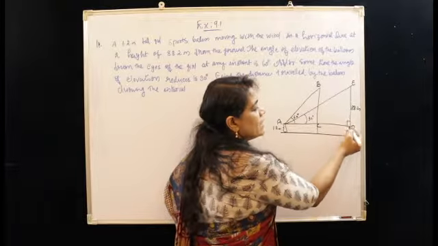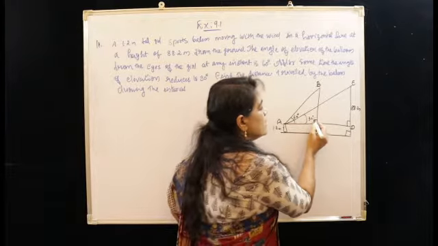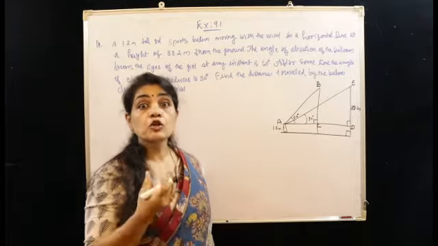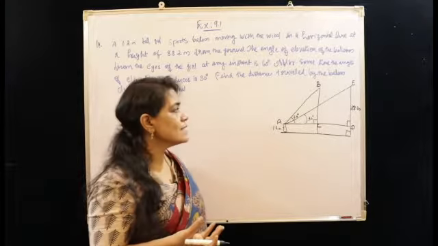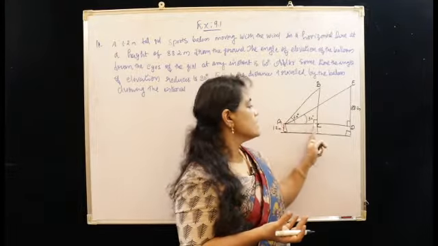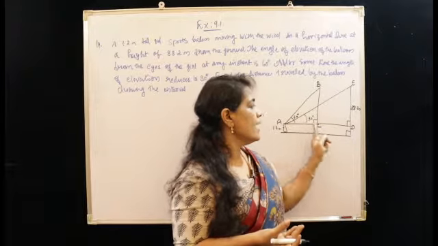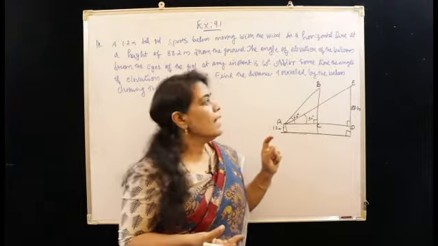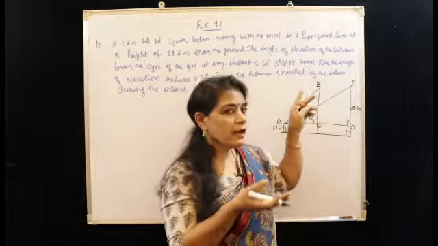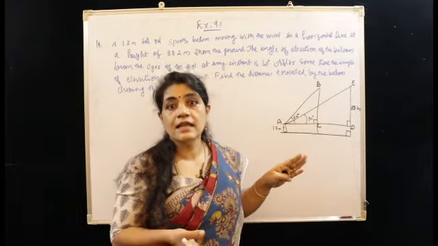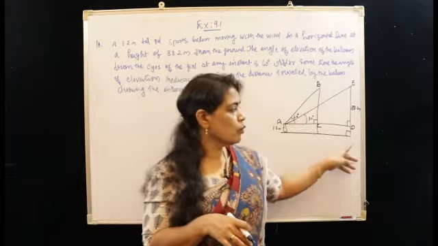This is also 90 degree, and here also 90 degree, so you can consider two right triangles, ACB and ADE. And the balloon is maintaining the same height, 88.2 from the ground level.